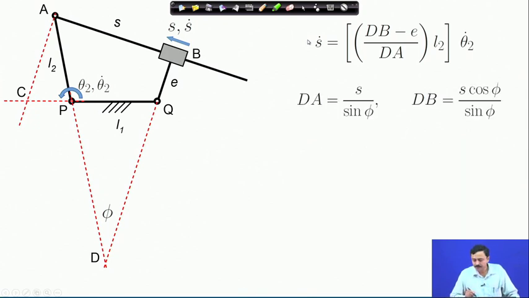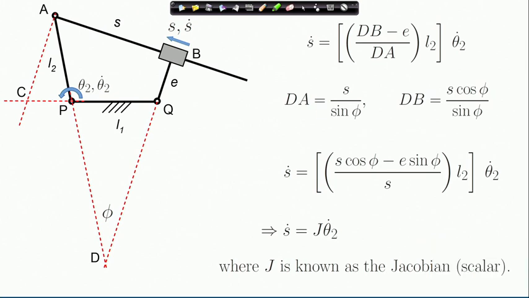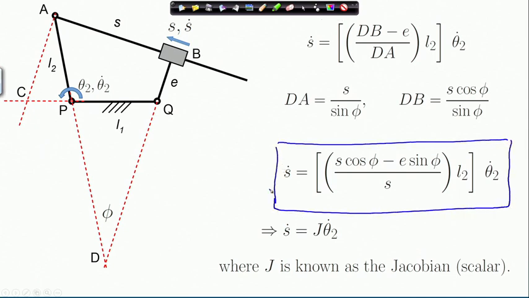So, let us move on. We have these expressions of S dot, dA and dB we have just now derived. When we substitute and simplify, finally, we have this expression which uses S, phi and the link parameters, so L2. L2 is fixed.